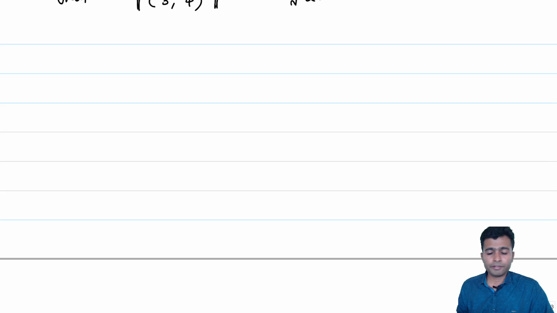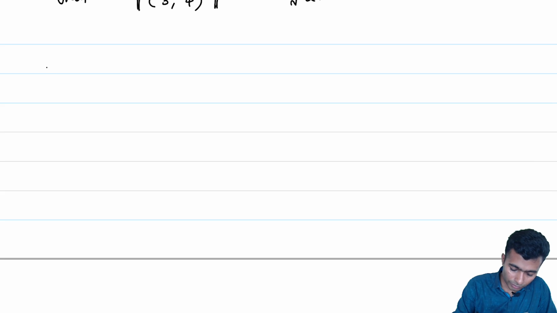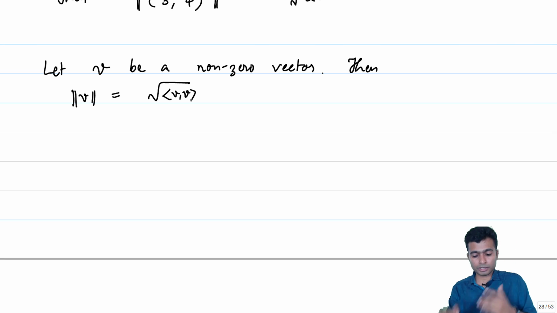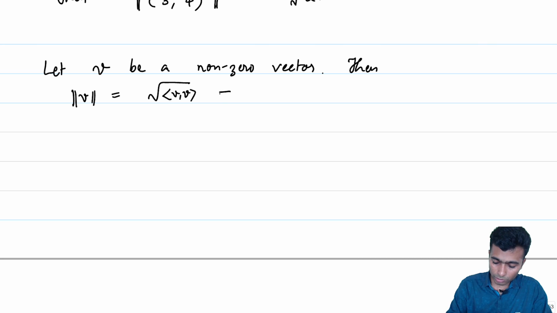Okay, so the positivity of the inner product tells us that the length of a non-zero vector cannot be 0. So let v be a non-zero vector. Then the norm of v, which is equal to the square root of v comma v, has whatever is inside the square root as a positive number, not equal to 0.